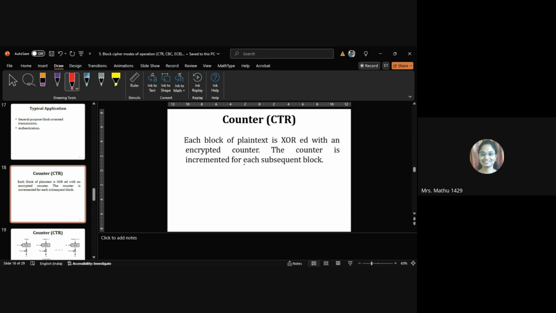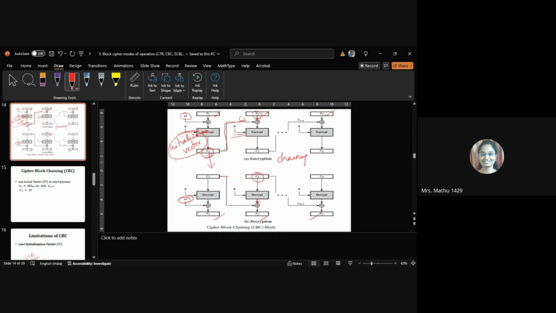So counter mode, the difference is that, we have seen that first the plain text is XORed with the ciphertext, and then we encrypt it, right?